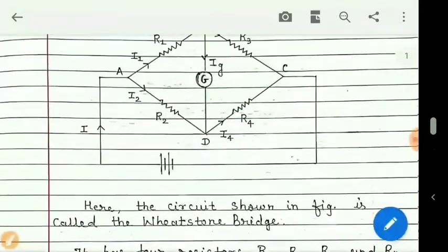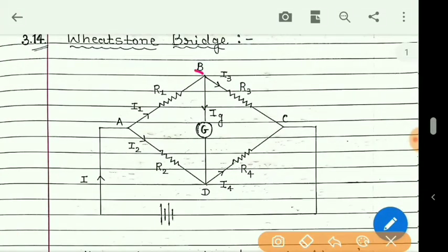Then we are moving from B towards D, but there is no current in this branch, so 0. And then from D to A, we are moving in this direction and the current is in the opposite direction, so R2 into I2 will be plus.